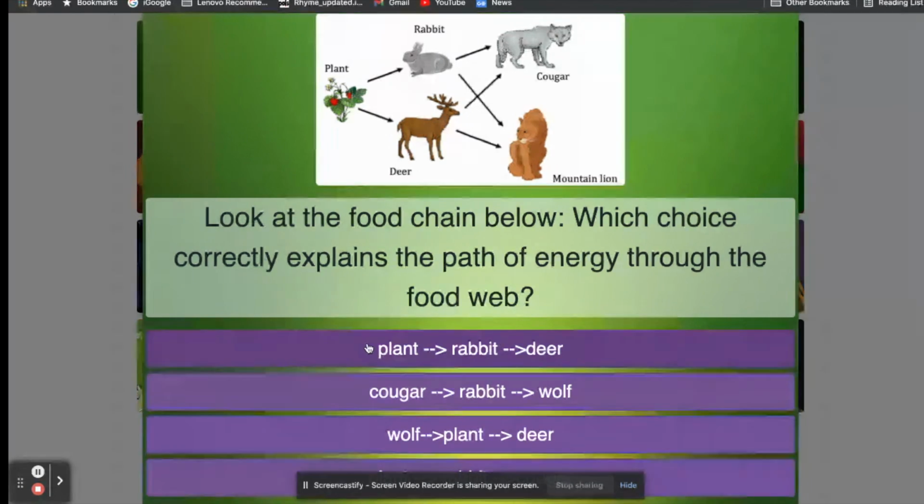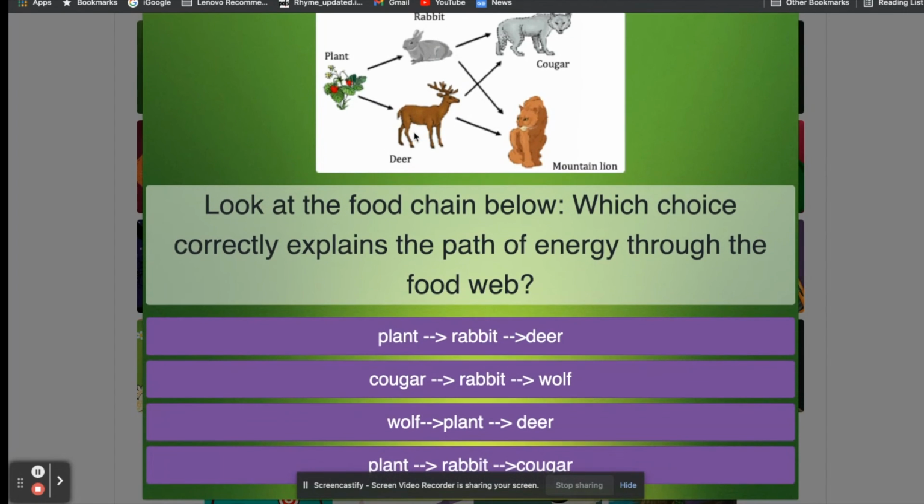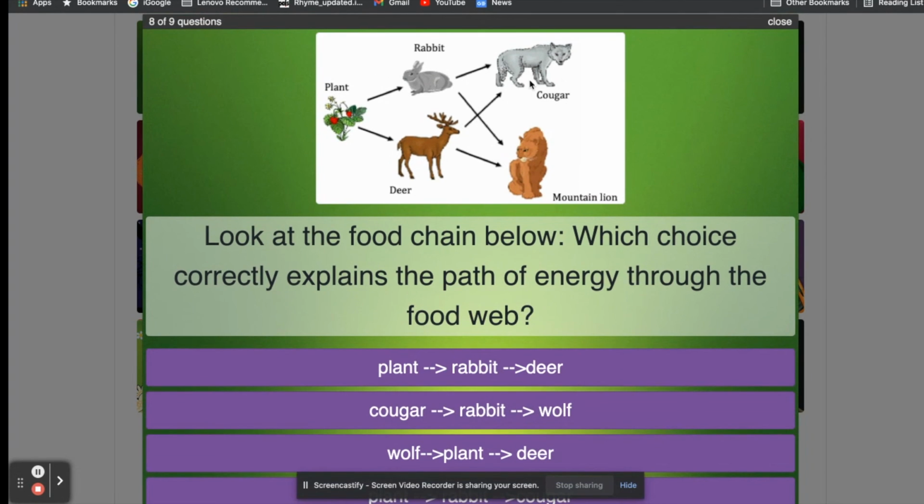Our first option says plant, rabbit, deer. Is that correct? Our second choice says cougar, rabbit, wolf. Is there even a wolf on this food web? So it can't be that one.